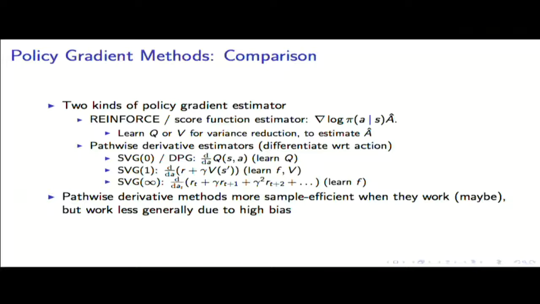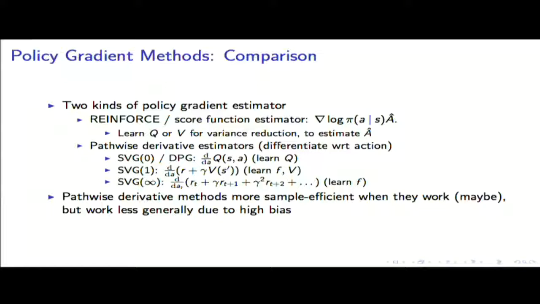But they work less generally because they generally have some bias because your dynamics model is wrong and your value function is wrong. But with these methods, there's no way of getting rid of the bias. So with score function estimate methods, we can get rid of the bias by just using the returns minus baseline.